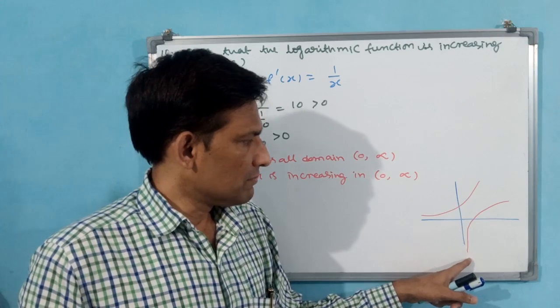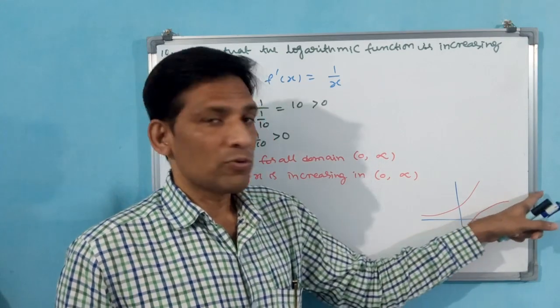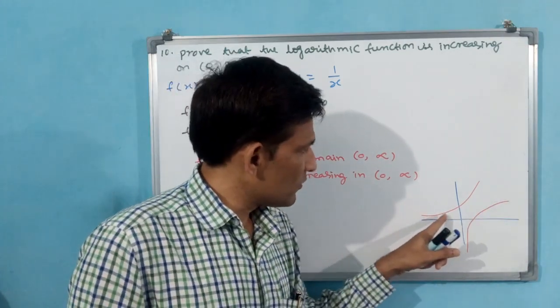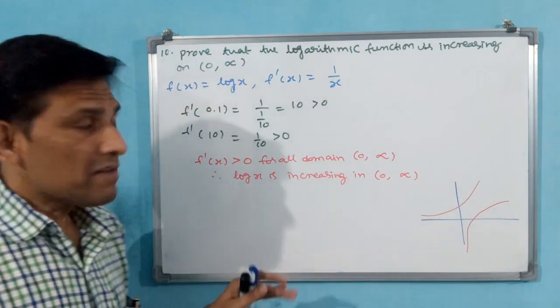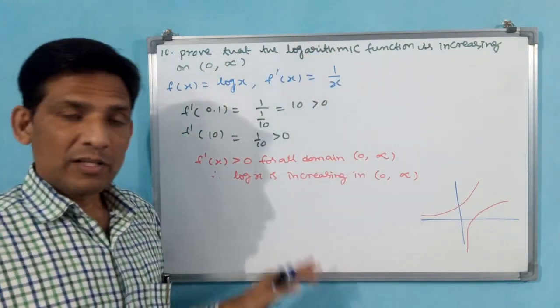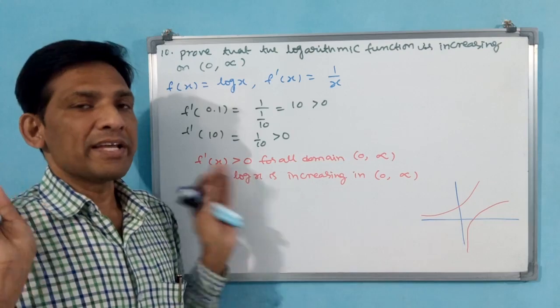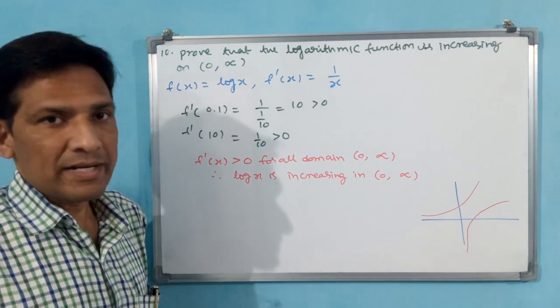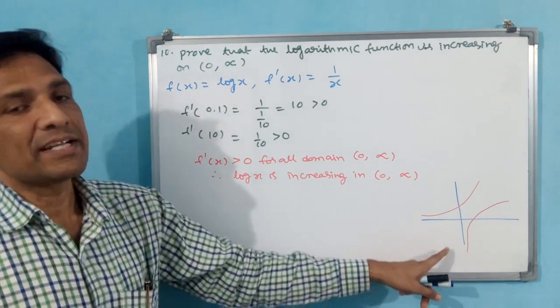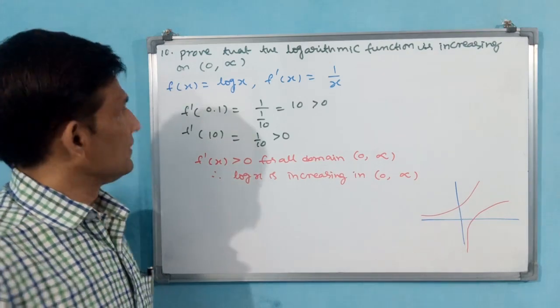If you increase the input, the output also goes on increasing. That is why whenever it is logarithmic or e power x, you straight away write increasing function. Those are not decreasing functions. For your understanding sake, I have drawn this graph once again.